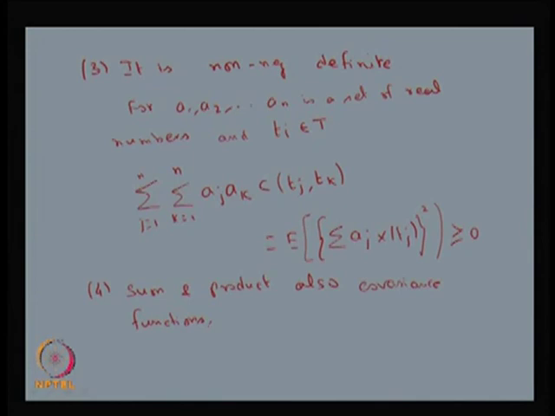This property needs elaboration. However, we assume this for this course. So, these four properties are going to be used later whenever you would like to cross check whether a function satisfies the covariance function requirements or how to find the covariance function. So, these properties will be used.